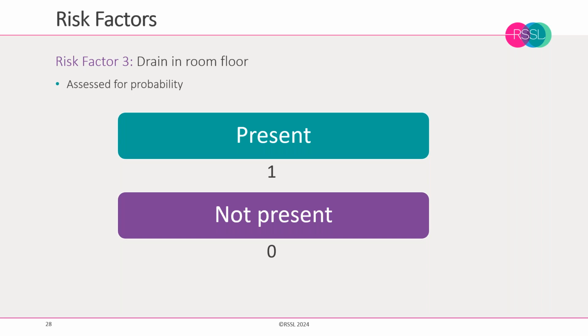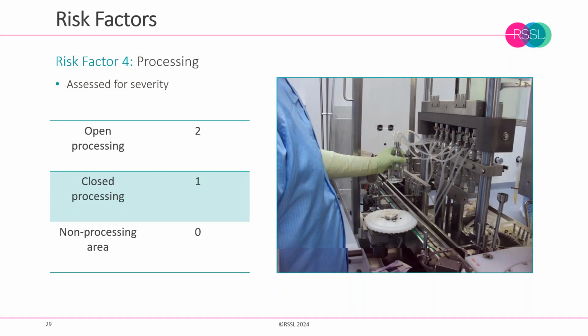The next risk factor related to the type of processing, and in this case whether we've got open processing. Open processing provides a greater opportunity for contamination ingress, even if we try and build barriers around that.